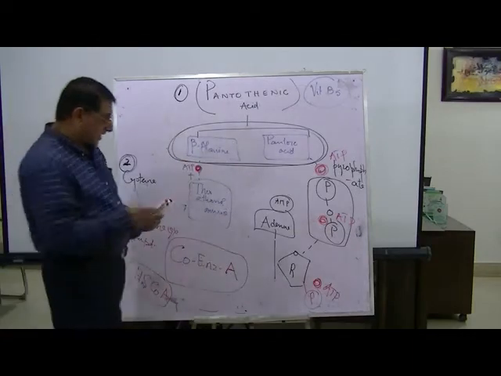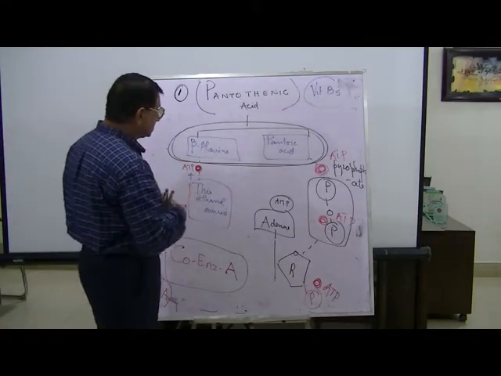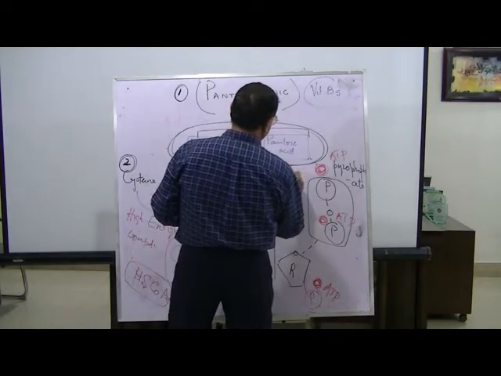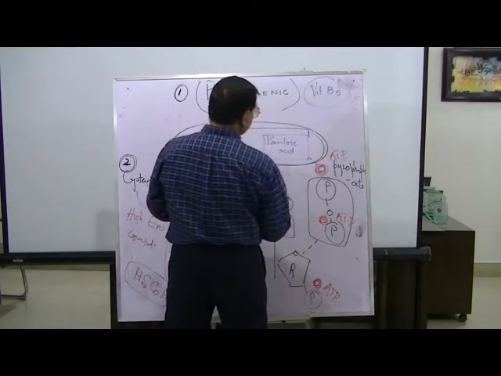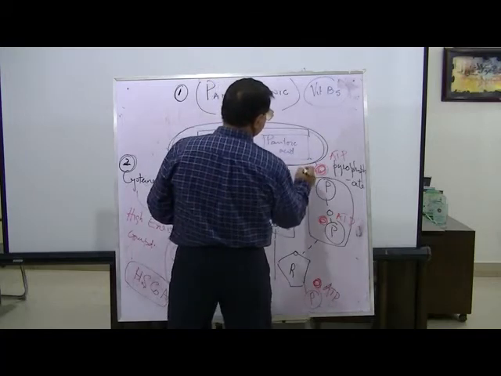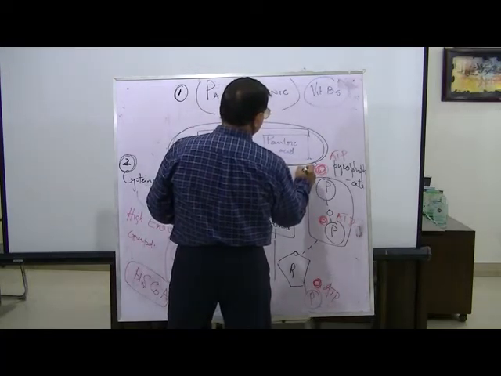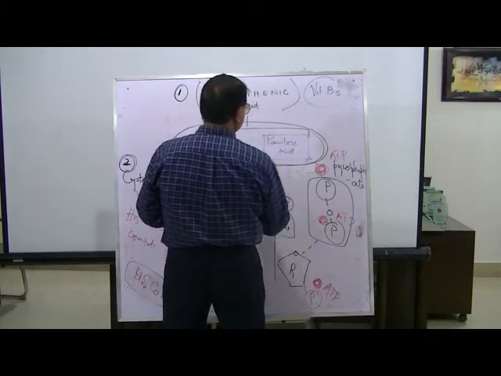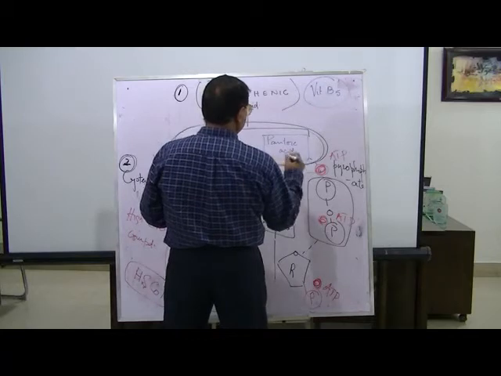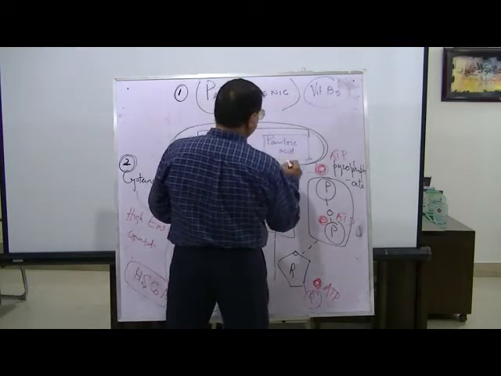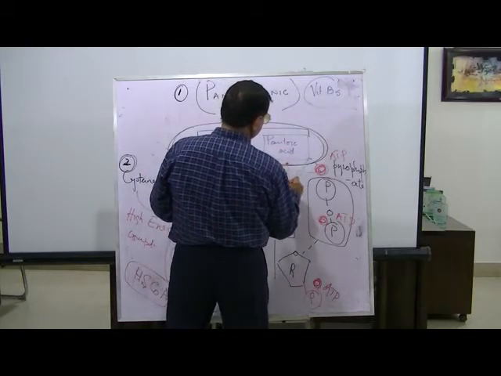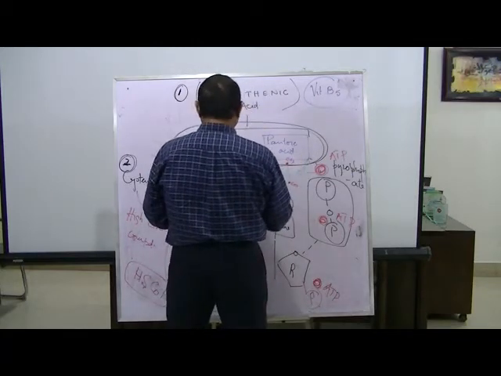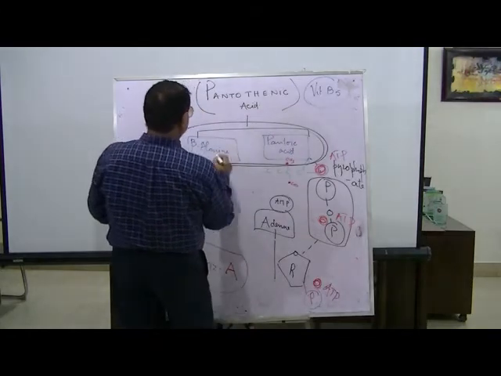This is pantoic acid. You've got a methyl group here. And this one over here is beta alanine.